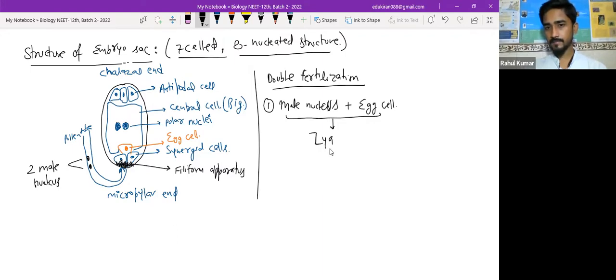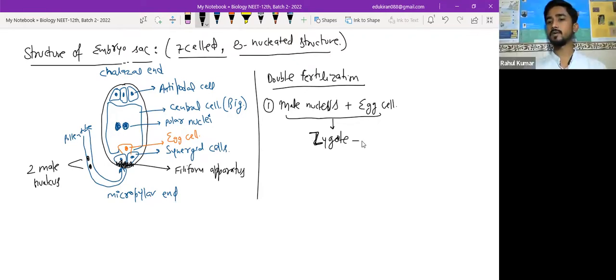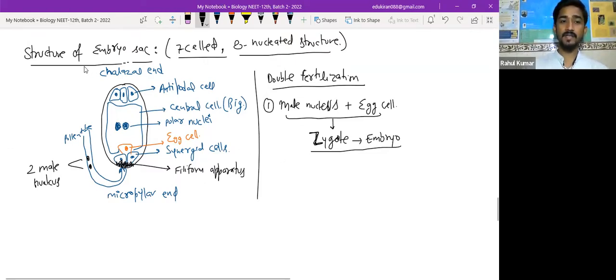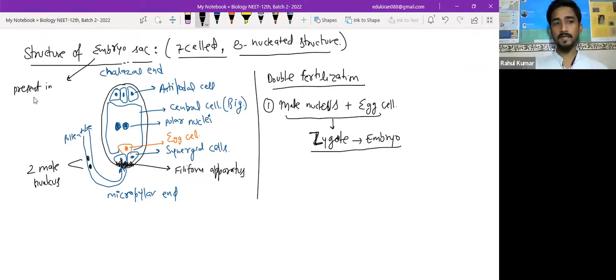Is it clear? Yes. This is the classical fertilization, and this zygote will further give rise to the embryo. So this is the actual sexual reproduction happening, correct? And remember, where is this embryo sac present? This embryo sac is present in the ovule, correct? Yes, sir. So it's present inside the ovule. And I told you that the ovule will become the future what?